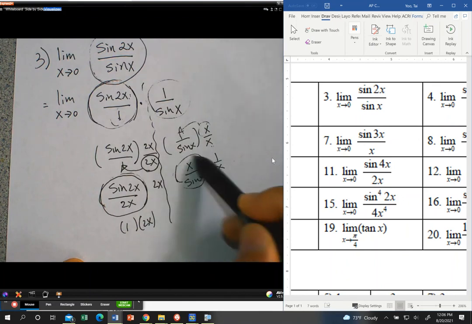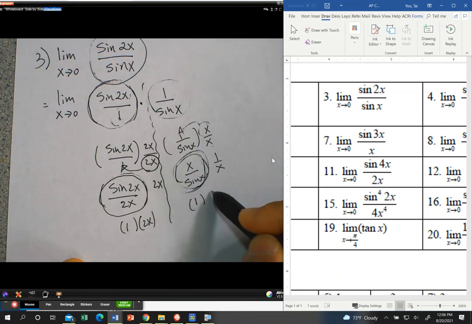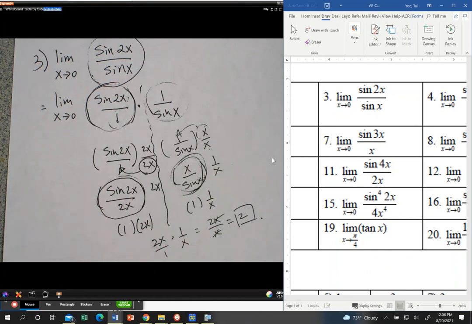And what is this according to our formula? Isn't it 1? Yes. Times 1 over x. So then we have 2x times 1 over x, 2x over 1, same thing, which is 2x over x. So x goes away, and the answer is 2. And that's how you're supposed to solve them.